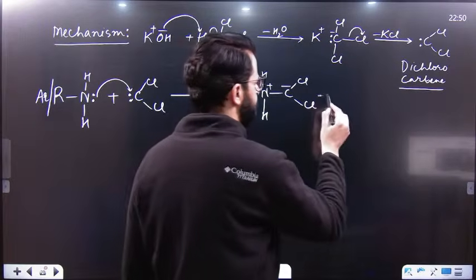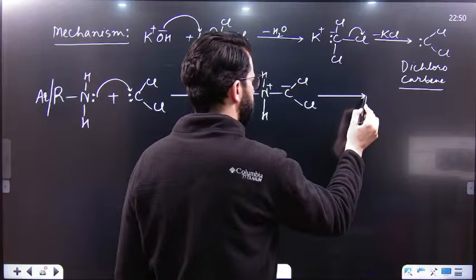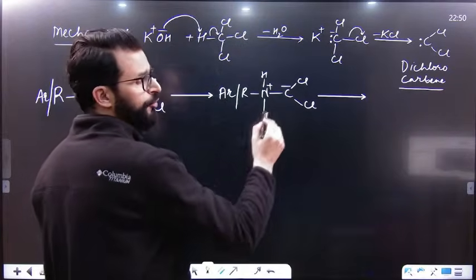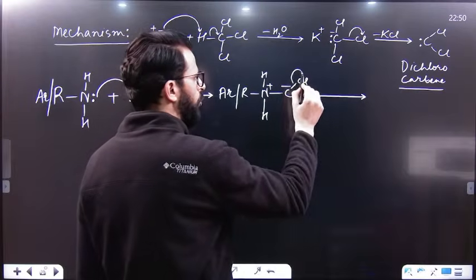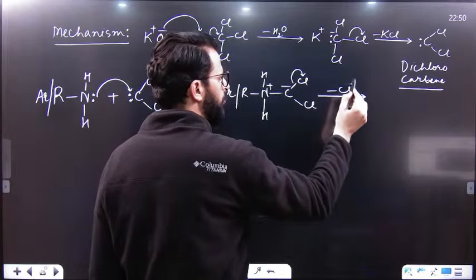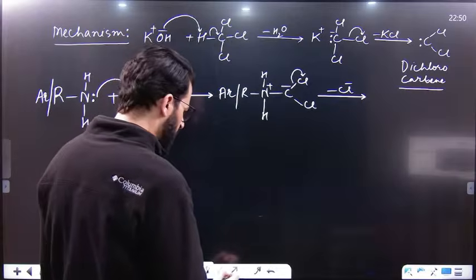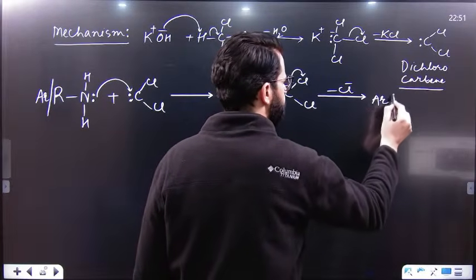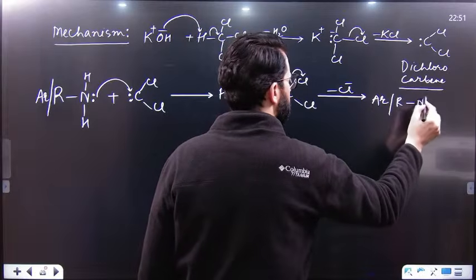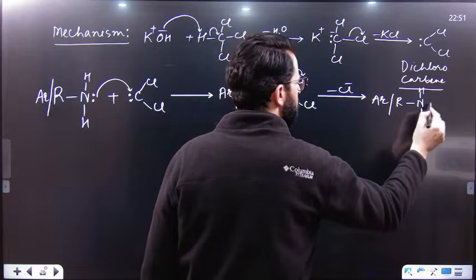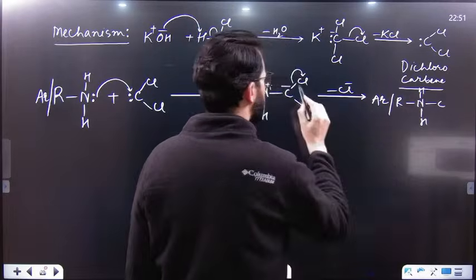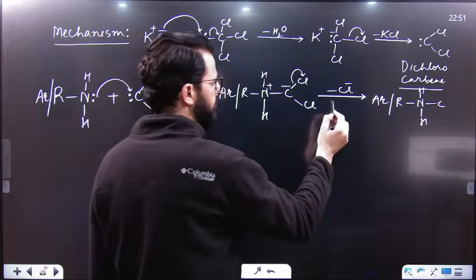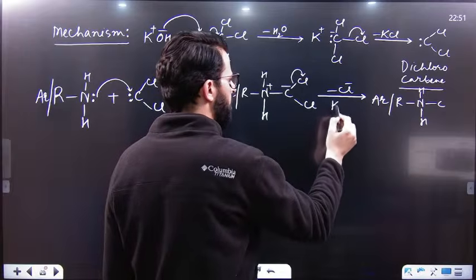After that, have a look. Now, what will happen over here? This Cl minus will be lost, as it's a good leaving group. Cl minus will be lost. After that, it will result in the formation of this one, Ar, R, NH, H, then C. When this is lost, at the very same time, here I will show this one, KOH.